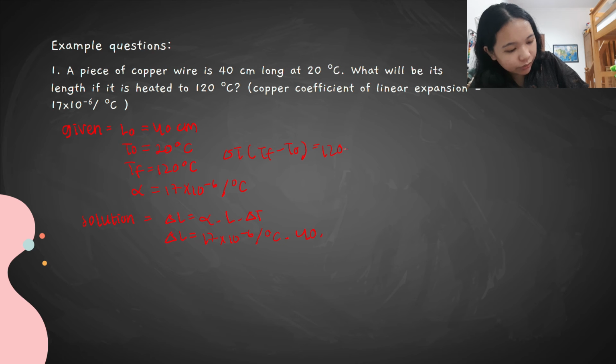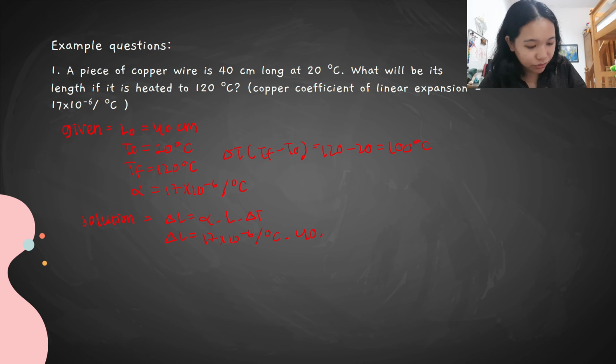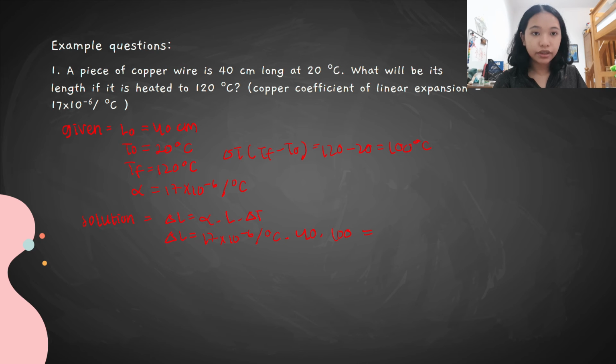So 120 minus 20 is 100 degrees Celsius. So this times 100 degrees Celsius. So guys, do it in your calculator. So the answer is 0.068 centimeter.